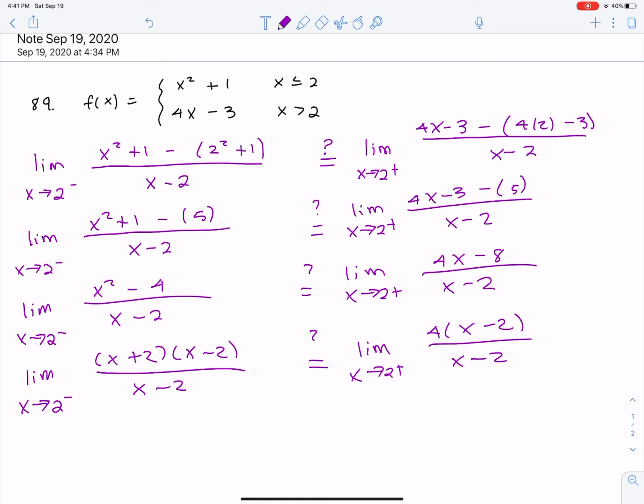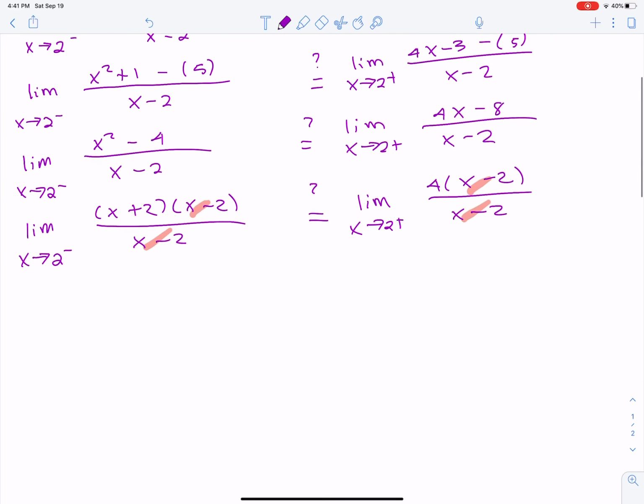As you noticed, I have an x minus 2 that cancels out here and here, and an x minus 2 that cancels out there and there. So continuing, we get the limit as x approaches 2 from the left of x plus 2. Does that equal the limit as x approaches 2 from the right of 4?